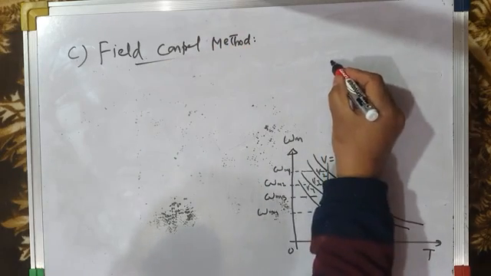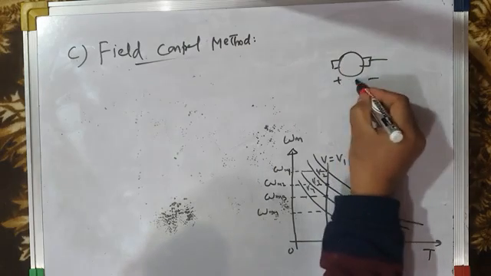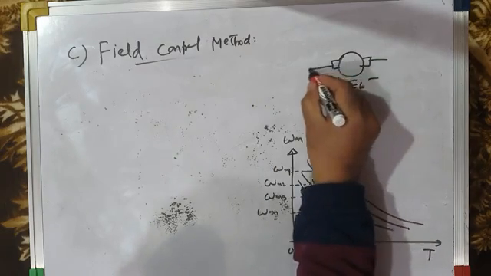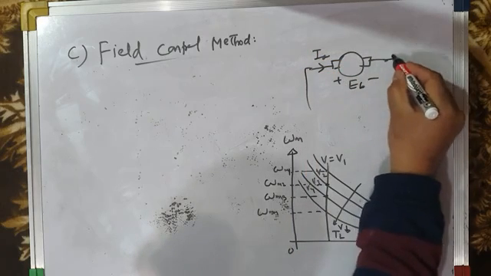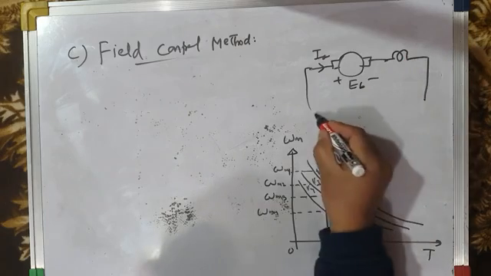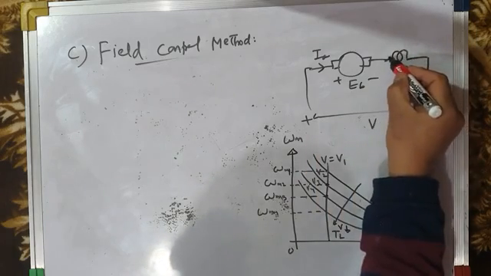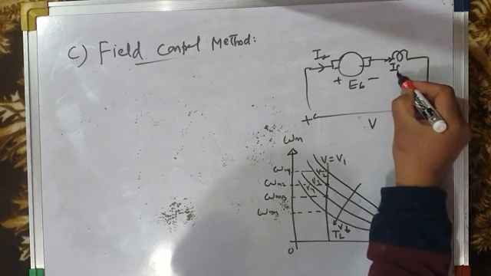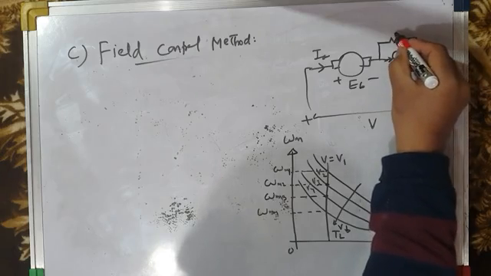In the field control technique, this is the motor as usual, with armature back EMF, this is armature current IA, this is the series field winding, and this is the applied voltage. Now we want to control the current through the field winding, IF. What we will do is connect a diverter resistor.